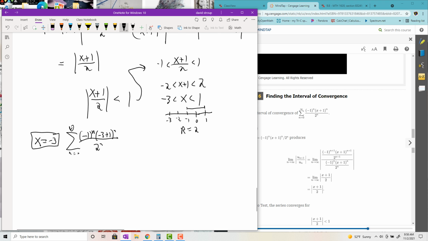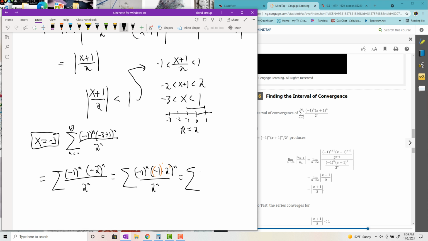Simplifying, we get -1 to the n times -2 to the n all over 2 to the n. I'm going to show you all the little steps. You can rewrite the -2 to the n as -1 times 2 to the n, all over 2 to the n. Then distribute the exponent to the -1 and the 2, so you end up with the series -1 to the n times -1 to the n times 2 to the n all over 2 to the n.